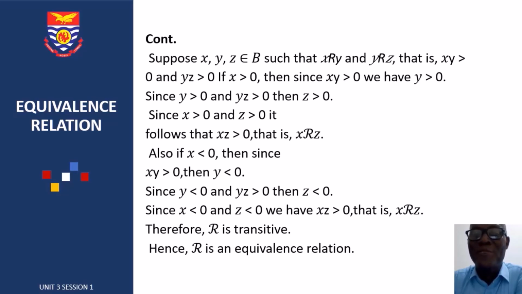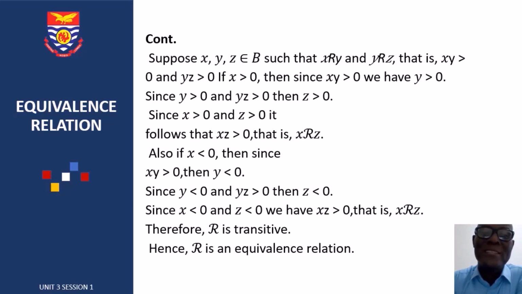Now, if Y is greater than 0, then our YZ is greater than 0, which means Z must be greater than 0. And this is because if Y is greater than 0, which means it is positive, but Z is less than 0, which means it's negative, the product will give negative, which will not be greater than 0. That is why Z must be greater than 0.